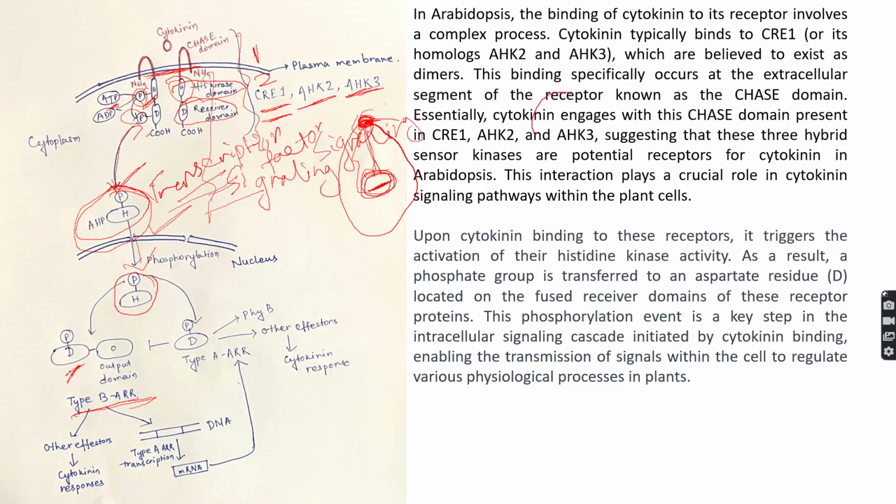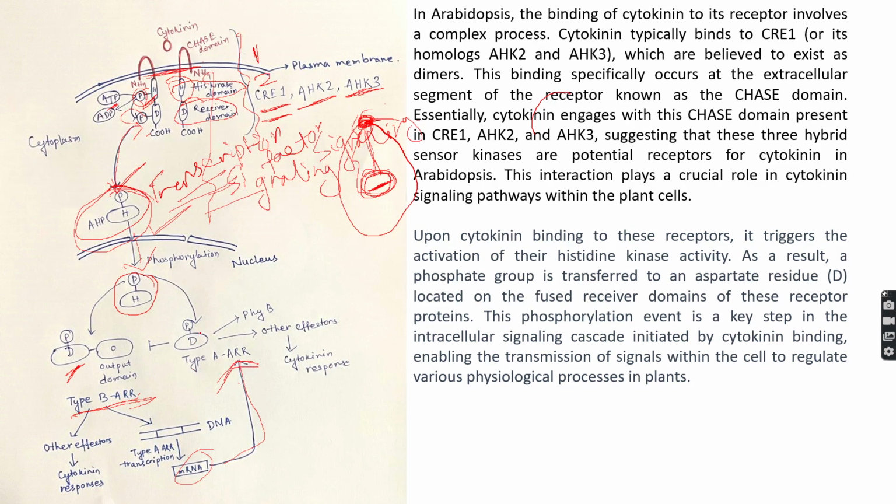Okay, and in the nucleus it is getting attached to type B ARR, whose receiver domain is phosphorylated for further changes. Type B ARR is changing DNA to form mRNA, which will be attached to type A ARR.